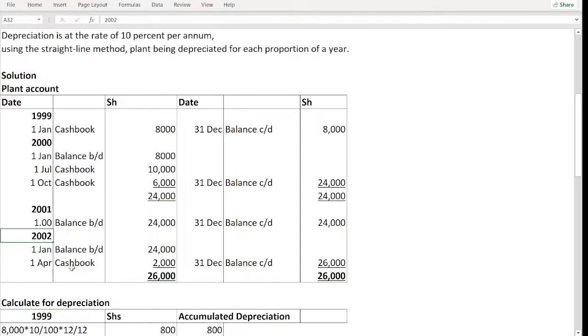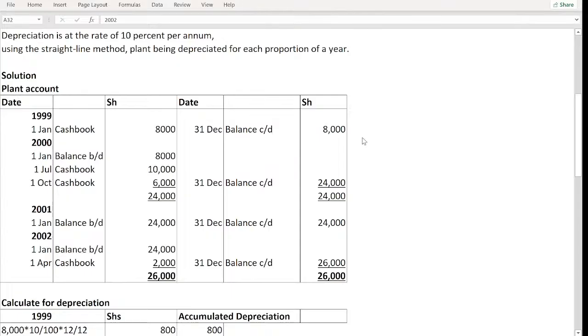Then on 1st April we bought another one for 2,000, so that is 26,000. At the end of the year we shall have carried down 26,000. So this is the format of what we are supposed to do for plant account recognition.